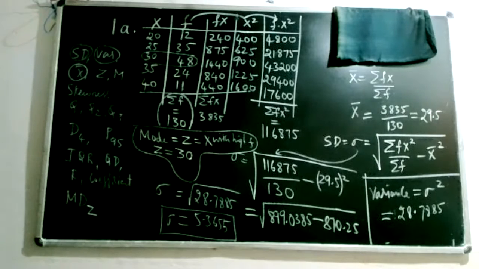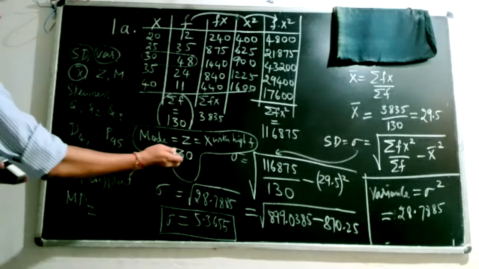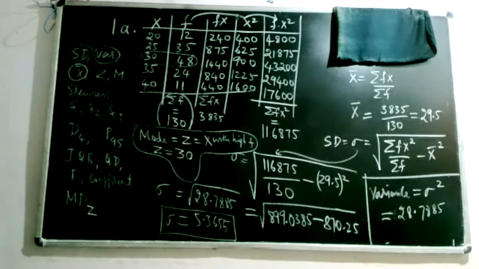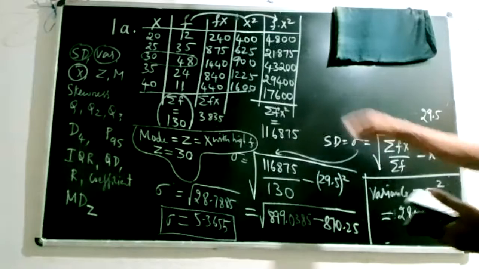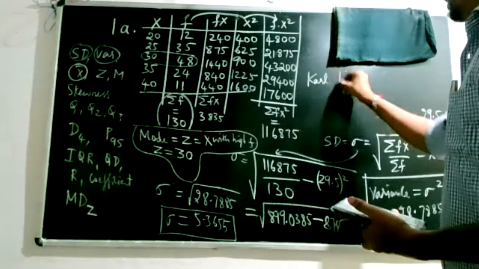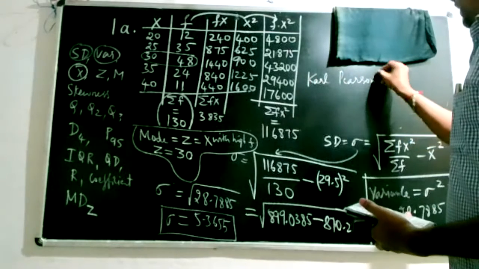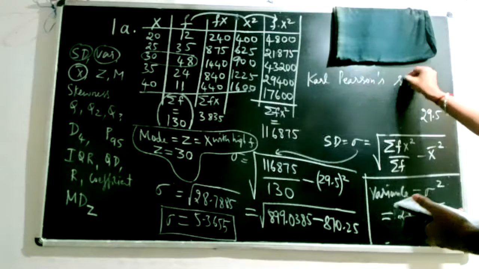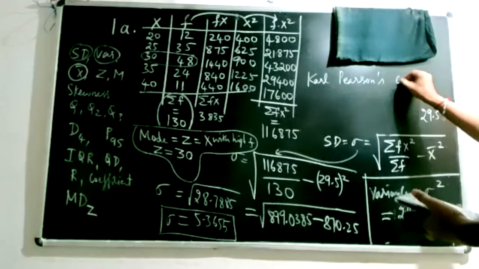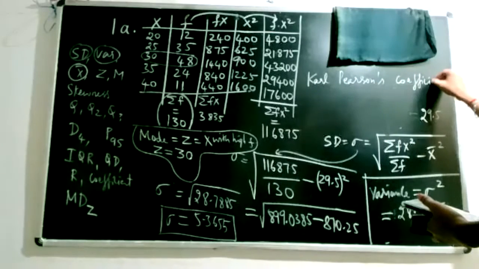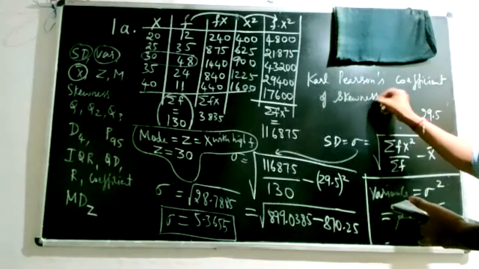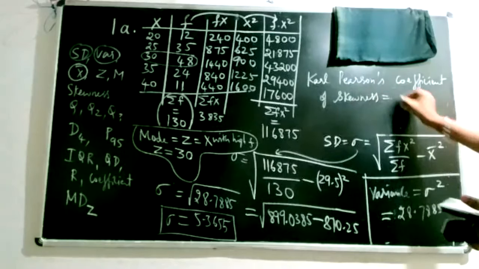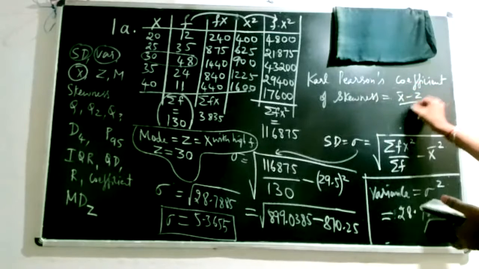Now, since you are getting only one value for z, you can use this z in producing Karl Pearson's coefficient of skewness. Since we have our x bar, z, and sigma here, I'll obtain the Karl Pearson's skewness also. If in this case also you have a problem with the value of mode, then you can use median as we did in the previous case. So x bar minus z by sigma.